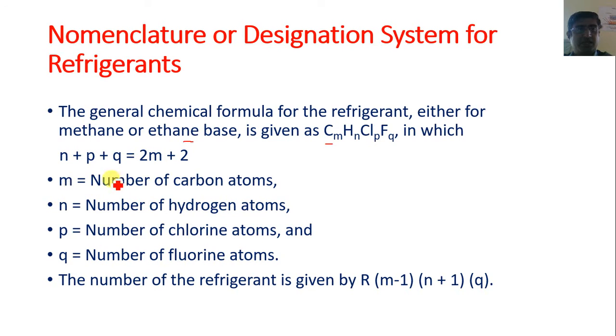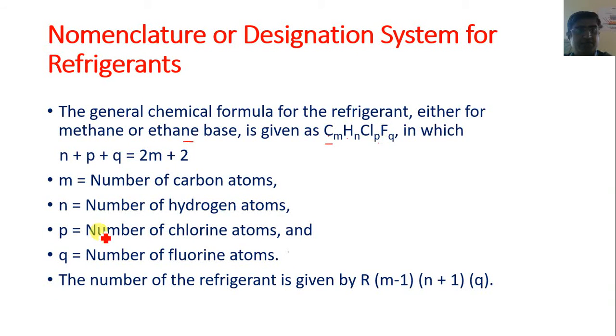Here m indicates the number of carbon atoms, n indicates the number of hydrogen atoms, p indicates the number of chlorine atoms, and q indicates the number of fluorine atoms.